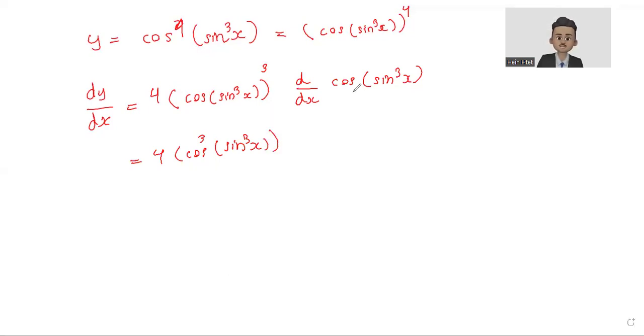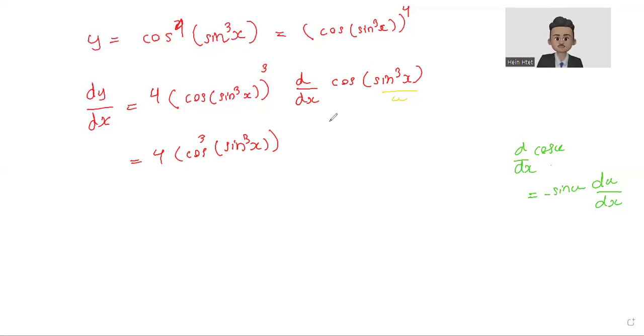And for this one, you need to see cosine of this one as a u. So when you want to differentiate cos u, what will you get? When you differentiate cos u, you will get minus sine u, and differentiate u again, right?